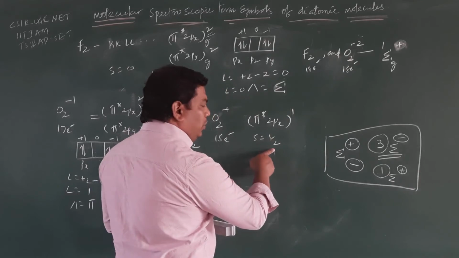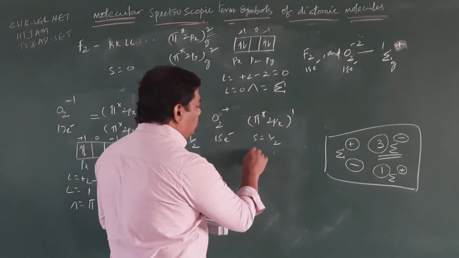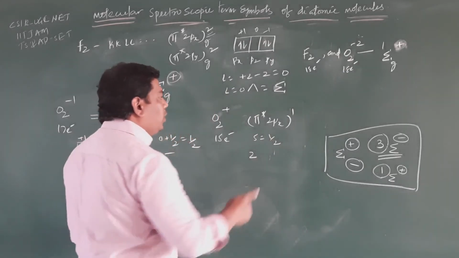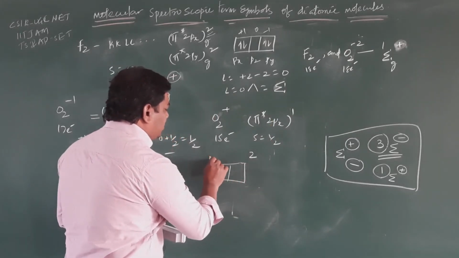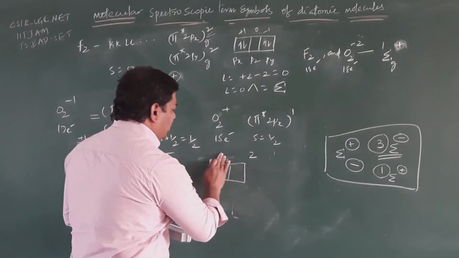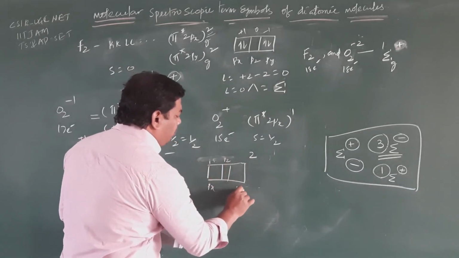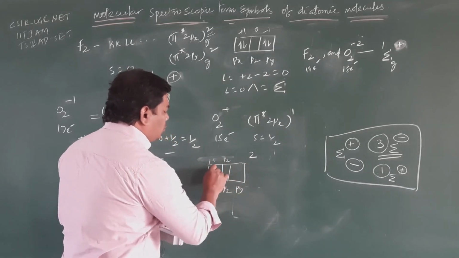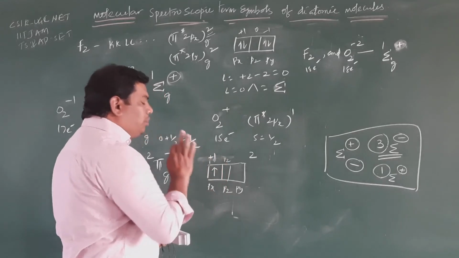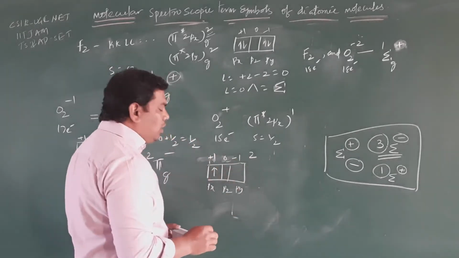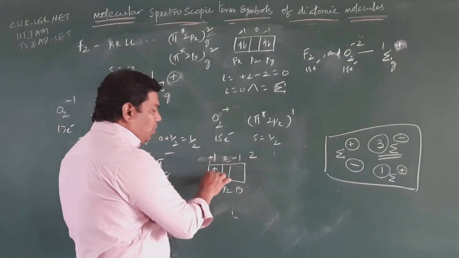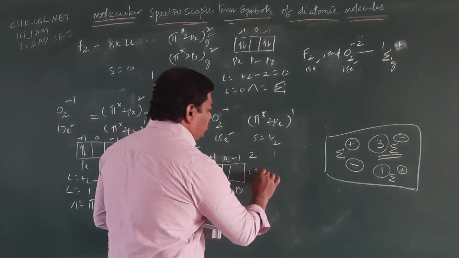Therefore 2 into half plus 1, the spin multiplicity is 2. I will write the L value here, for px, py and pz. Only one electron is present in the px orbital, and there is none in the others. Therefore L is equal to 1 only.